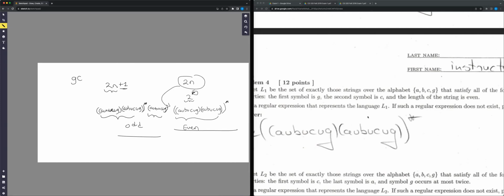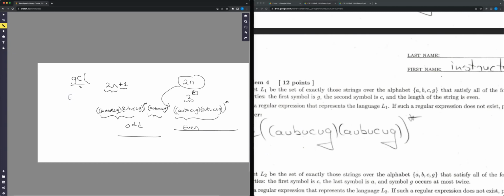But how do we know which one we need to add to our string, right? This says the length of the string is even, but notice we have 2 characters here. So since I already have an even number of characters, in order to keep it even, I need to add an even number of characters.